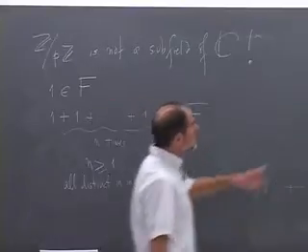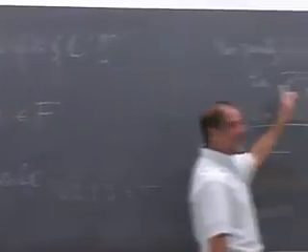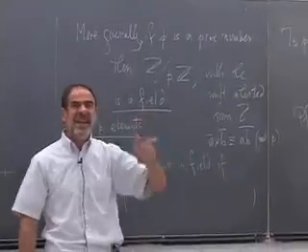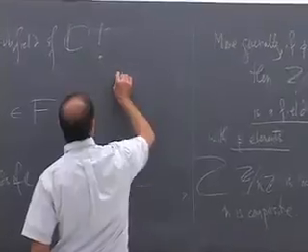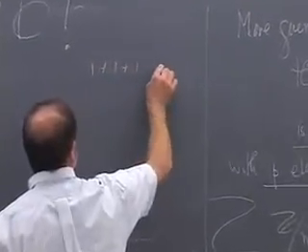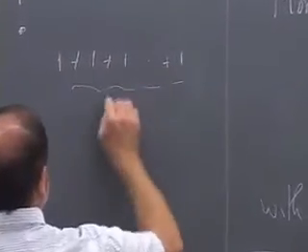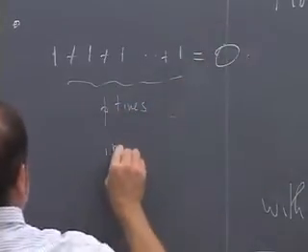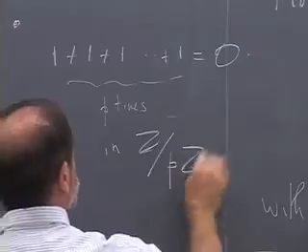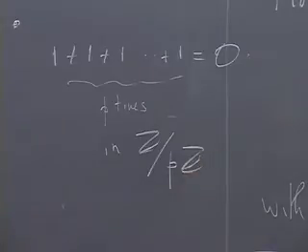However, in this field, when you take the element 1 and you add it to itself P times, you get back to the origin. Because 1 plus 1 plus 1 plus 1, P times, is equal to 0 in Z mod PZ. That's a huge difference.